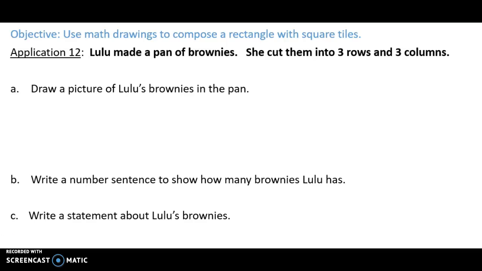Okay, I am going to show you how Lulu's brownies look in the pan. So let's first start our first row of brownies. This is the first row. 1, 2, 3.